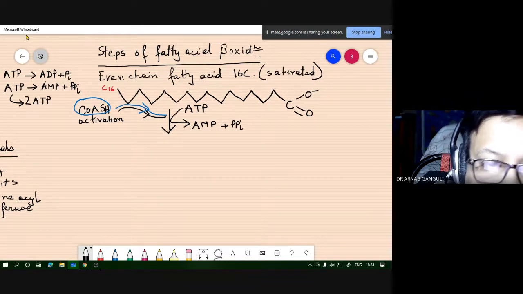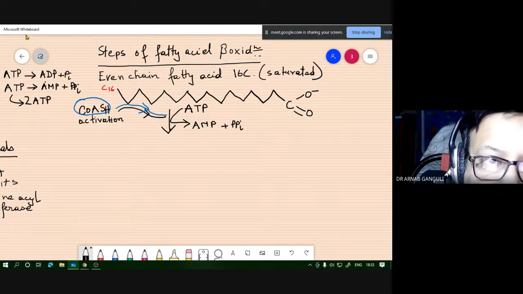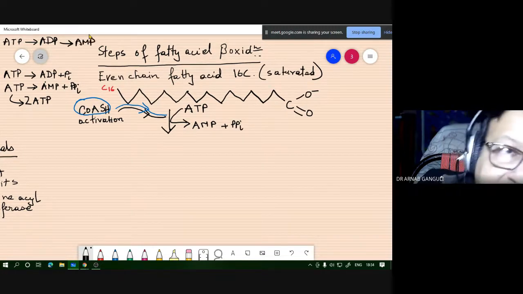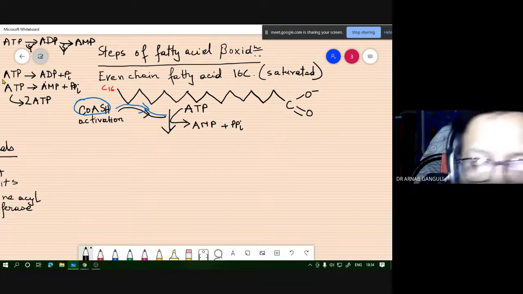When ATP breaks down, first breakdown you'll have ADP, one phosphate goes out. Then another breakdown, it becomes AMP. So essentially one energy is released here, another phosphate of energy is released here.